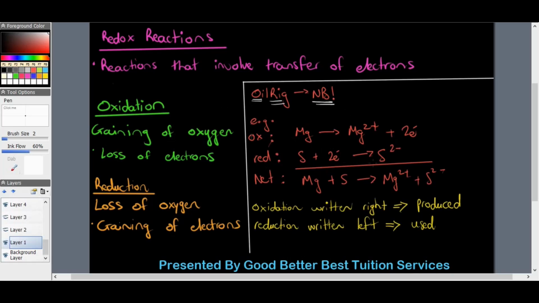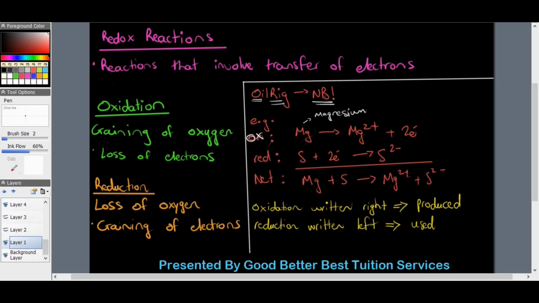We have a little example here, one of an oxidation reaction and two of a reduction reaction. The first one we have is magnesium, Mg. We see it's been oxidized. How do I know? Because it's written in the form that shows the electrons are being produced, on the right hand side.